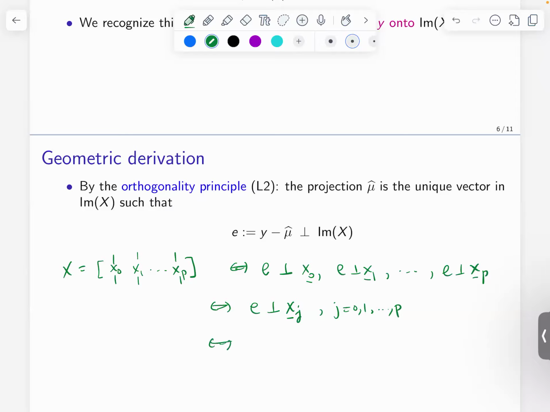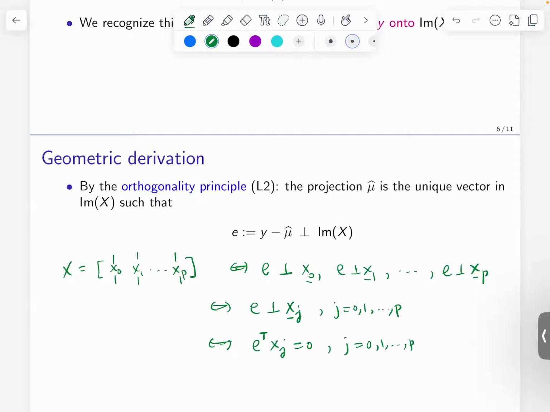I'm going to write it again a different way. So E transpose xj is equal to 0, for j from 0, 1 to p. You can write it as the inner product, E transpose xj being equal to 0. So that's equivalent.